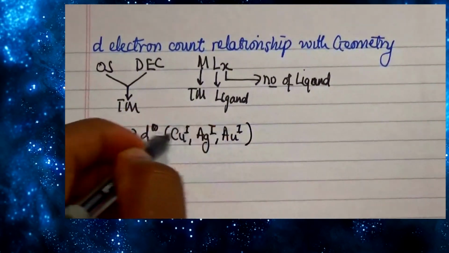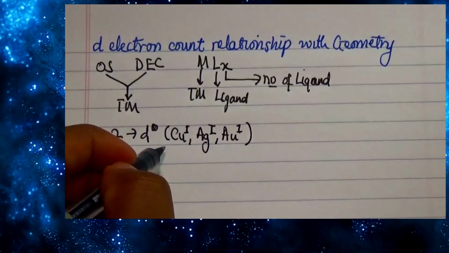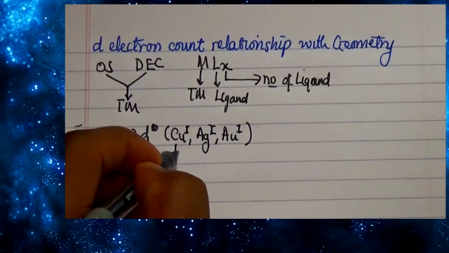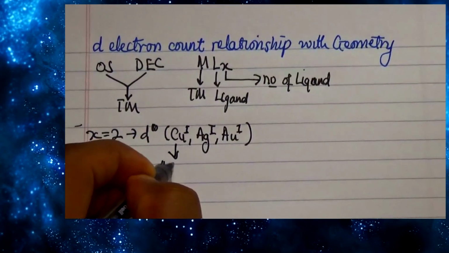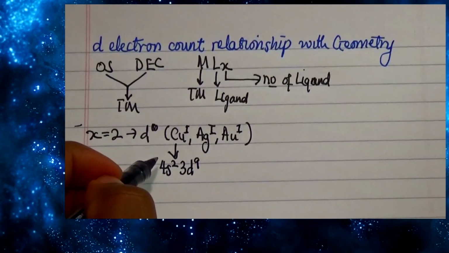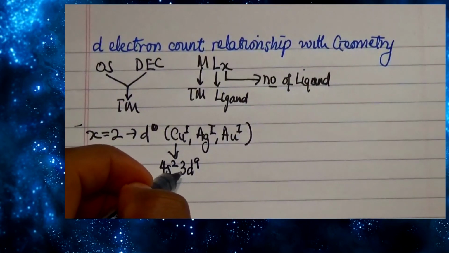They are all in the same group in the periodic table, and we notice that they share a specific electronic configuration, which is 4s2 3d9. You may be saying, wait, this is not actually the electronic configuration.